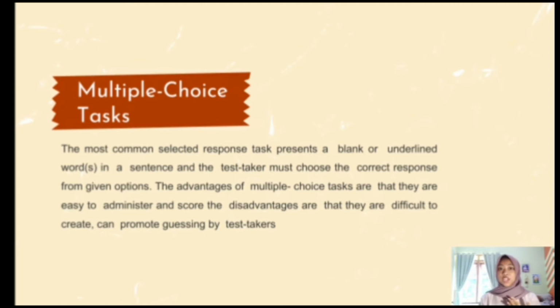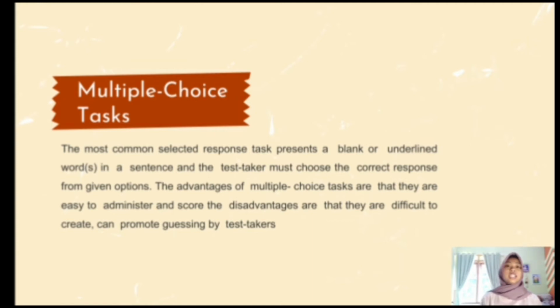And then multiple choice tests. The most common selected response tests present a blank or underlined word in a sentence, and the test taker must choose the correct response from given options. The advantages of multiple choice tests are that they are easy to administer and score.